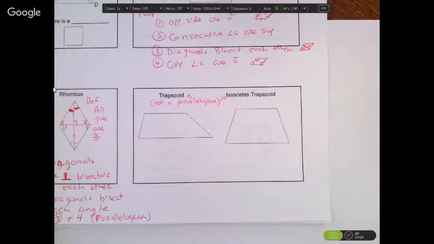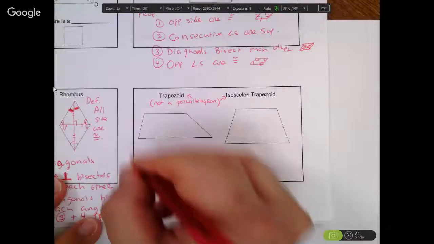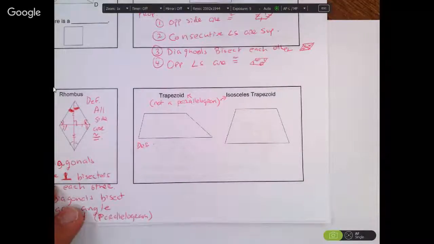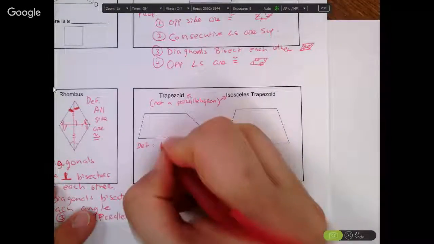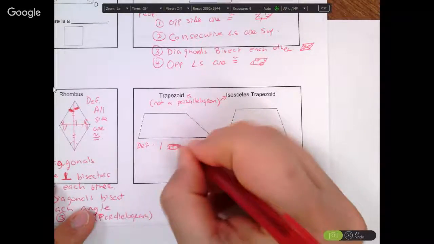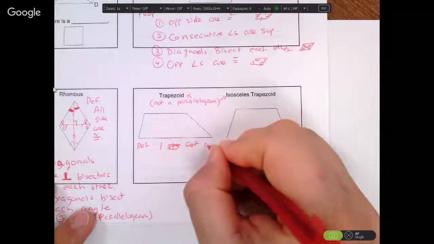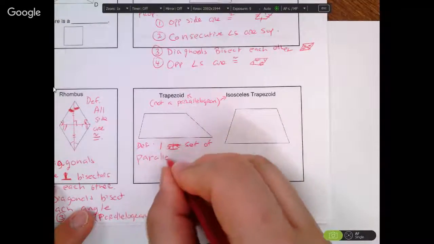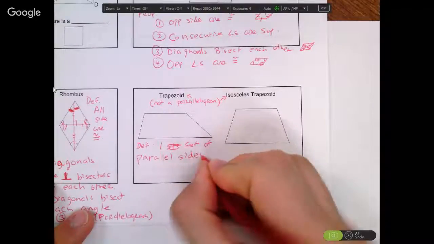Now it might have some of those properties, but we're not going to say it. What about plus 2 and skip? What's the definition of a trapezoid? One set of parallel sides.